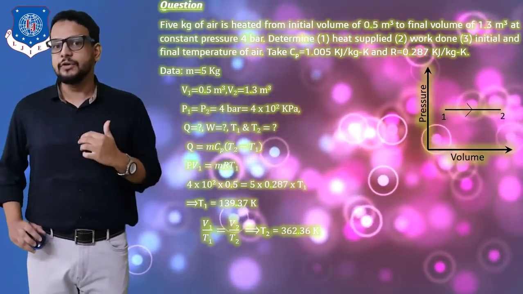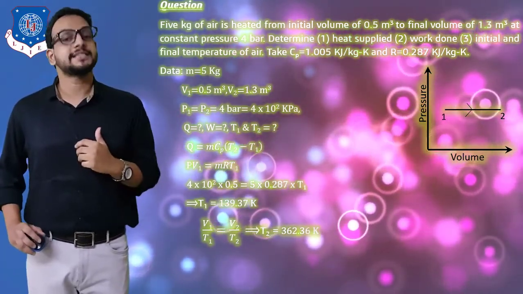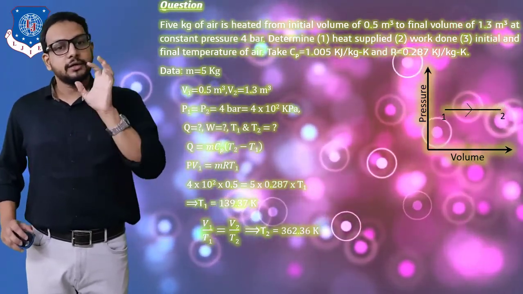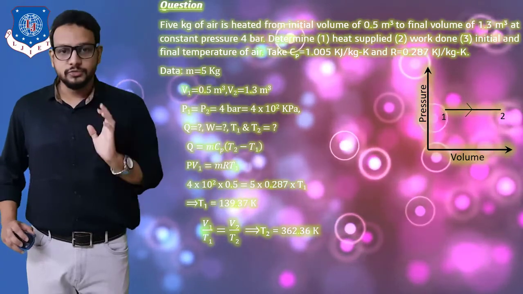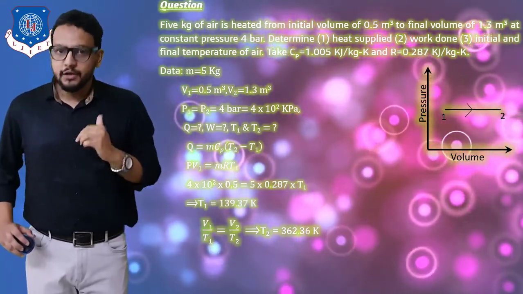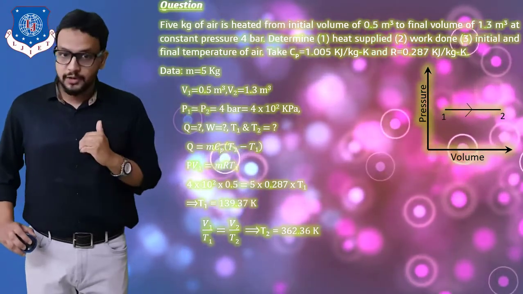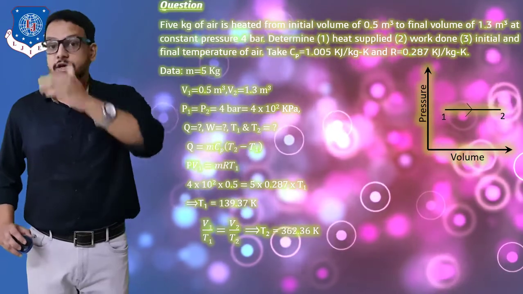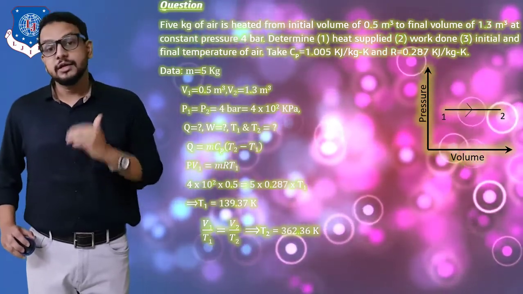We have our formula, that is the characteristic gas equation, PV is equal to mRT. Now in this equation, what is known? Pressure is constant, which is known, that is 4 bar. Initial volume V1 is also given. Mass is also given, that is 5 kg air. R is also given in the data, that is 0.287. So what is unknown?